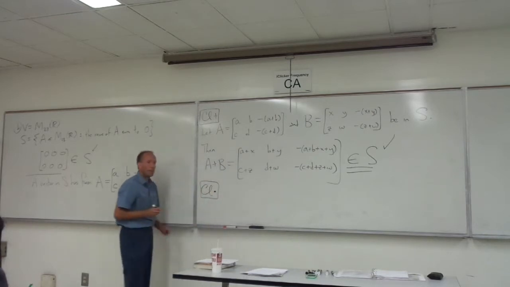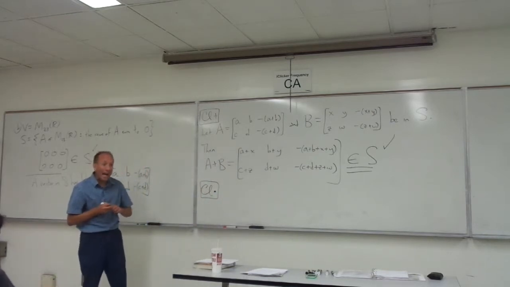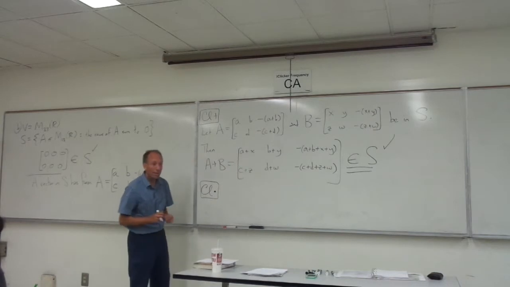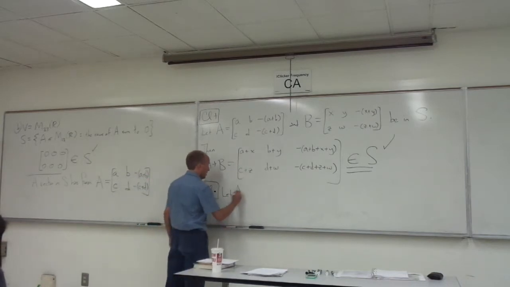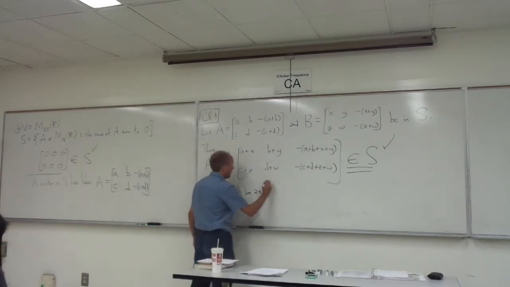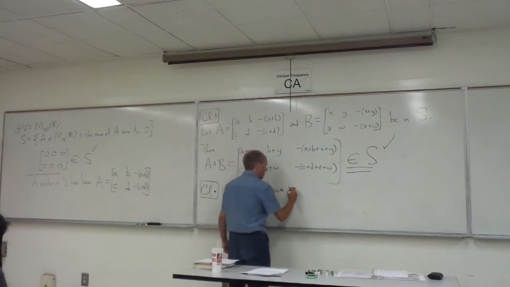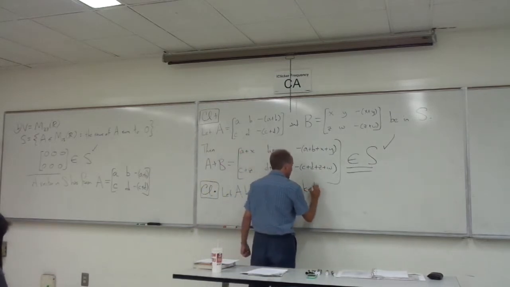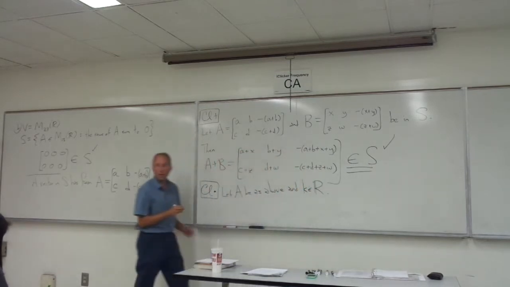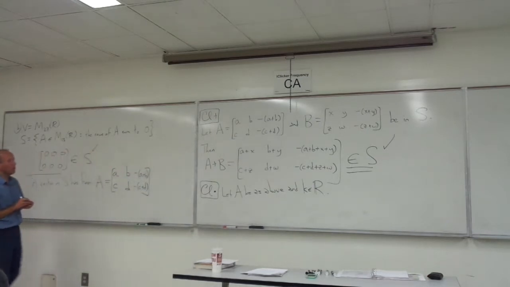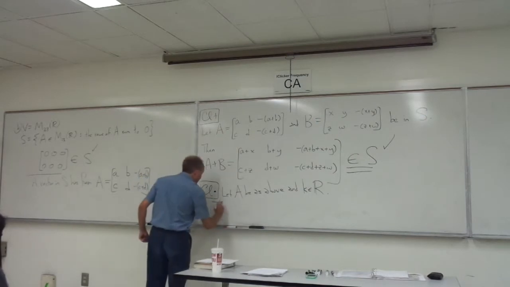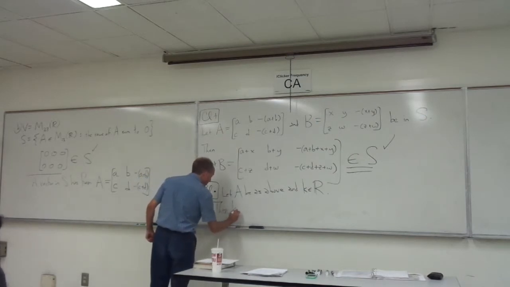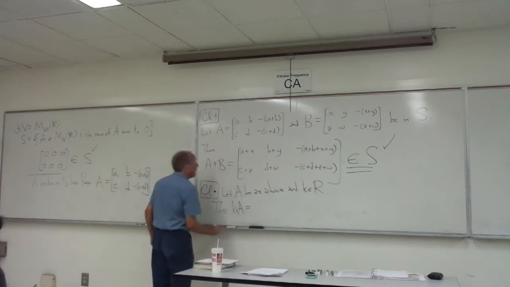Closure under scalar multiplication. For that, how do we start off? Excellent. Let A be as above, and K is an element of the real numbers. It's like a constant, right? K is a real number constant. So then we just have to take K times A. That's easy enough.